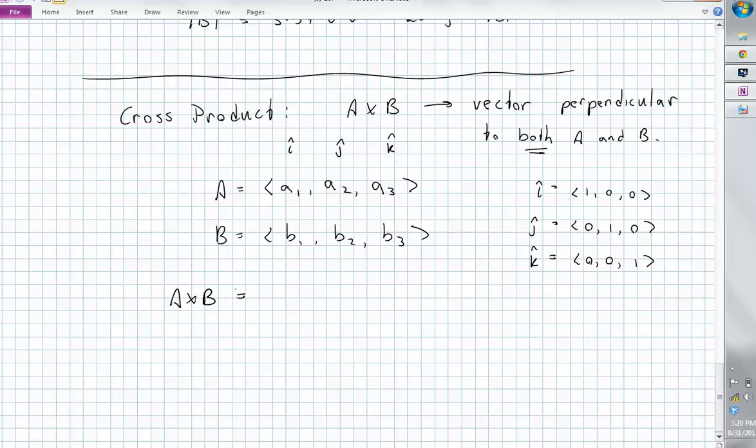Cross out the first column, and then look at A2 times B3 minus A3 times B2. That's the first coordinate of the vector. To get the next coordinate, you block out the middle column, A1 B3 minus A3 B1.